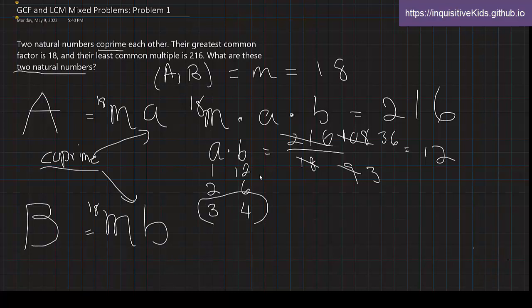1 times 12 equals 12. 2 times 6 equals 12. Each of these pairs have factor-multiple relationships. Only 3 and 4 doesn't.